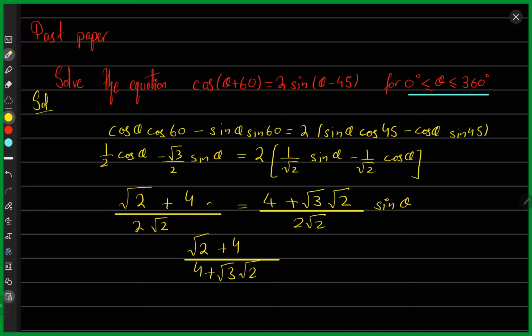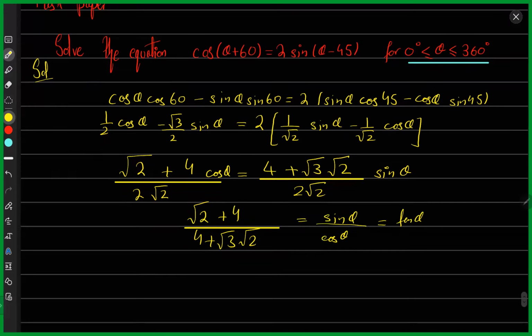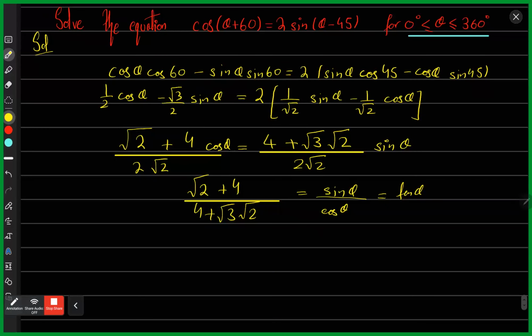Here I have missed cos of theta, and I'll take cos of theta on the other side, so it would become sine theta divided by cos theta, and we know that sine by cos is basically tan theta, and this is what I wanted. Initially I had two different trigonometric functions in the question. I had cos and I had sine, but after simplifying, I got tan only.